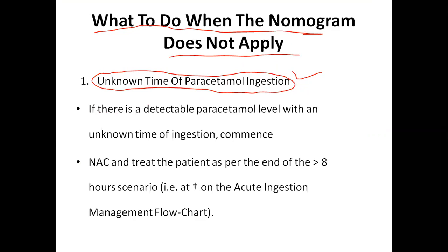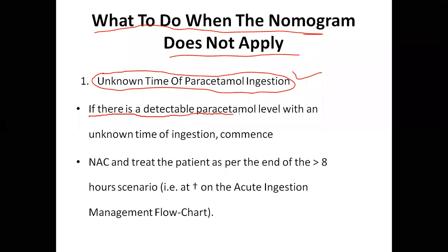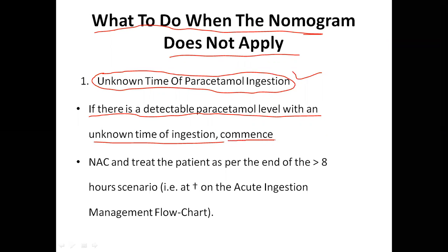In this scenario, if there is a detectable paracetamol level with unknown time of ingestion, commence NAC and treat the patient as per the more than 8-hour scenario. Suppose a patient comes to the emergency of the hospital, he has taken paracetamol, but we don't know when he took the overdose.